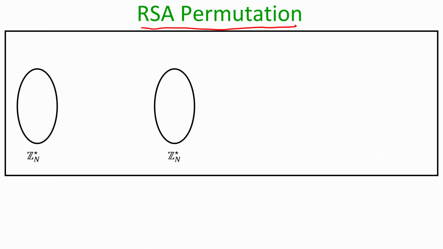Now, based on all these results from number theory, we next discuss the RSA permutation or the RSA bijection, which is a function from the set Z n star to Z n star, and how this function is computed. It is computed as follows. Here we will be given an exponent e which is greater than 2, and this e is co-prime to phi of n.